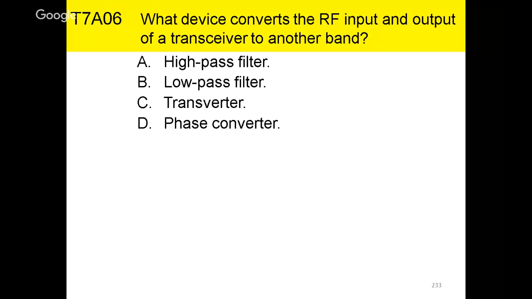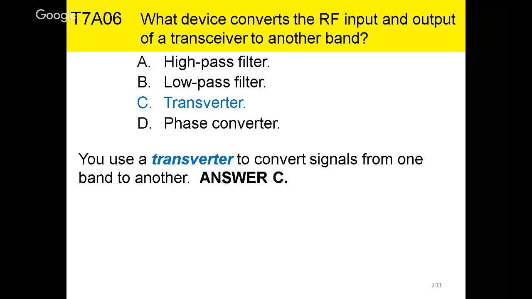This one is converting the RF input and output of a transceiver to another band. And the correct answer to that is a transverter. You use a transverter to convert signals from one band to another.